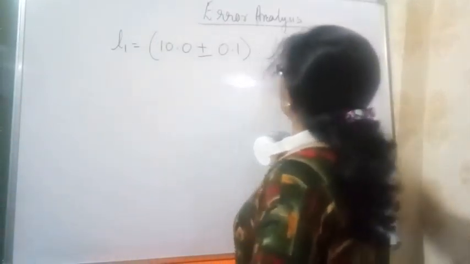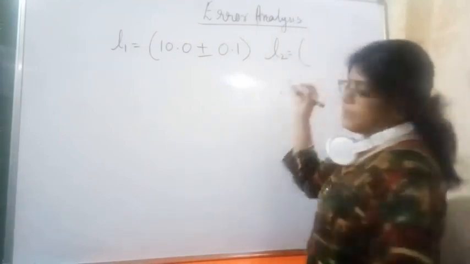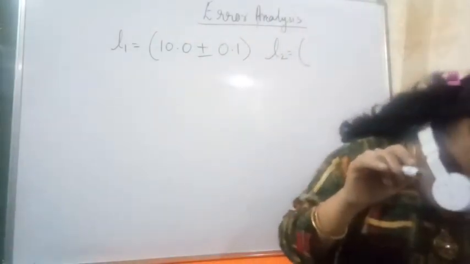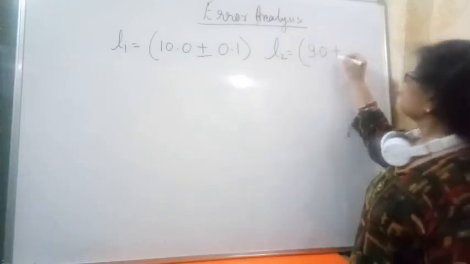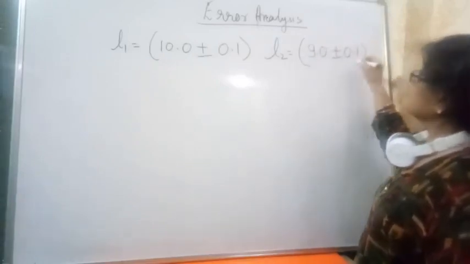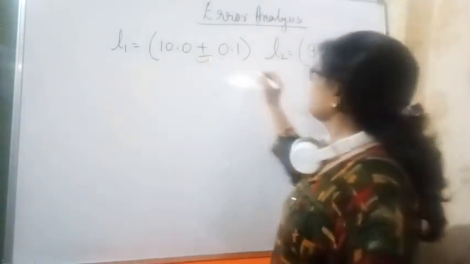For example, I have one value, L1 is equal to 10.0 plus minus 0.1, and I have another value L2, which you will take as 9.0 plus minus 0.1. This should be written as plus minus.